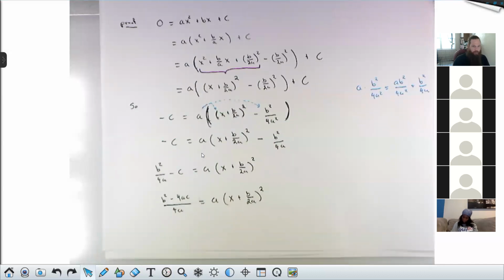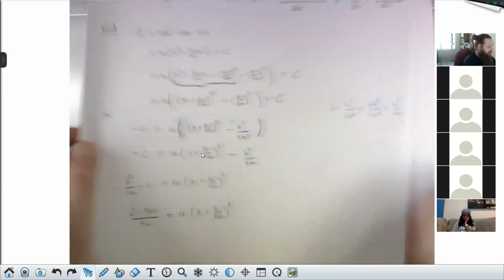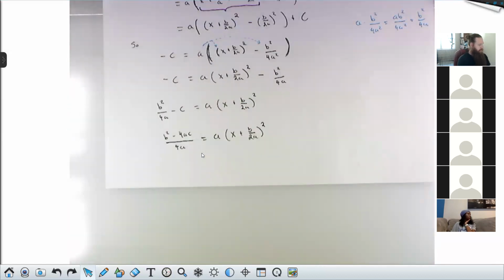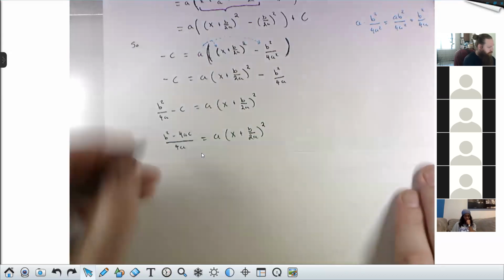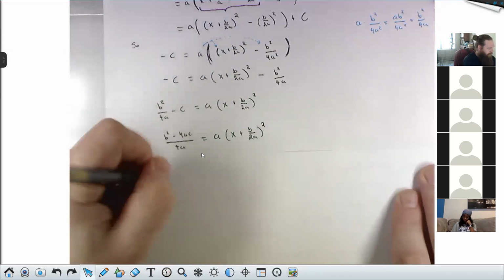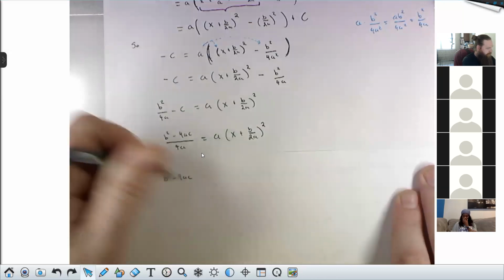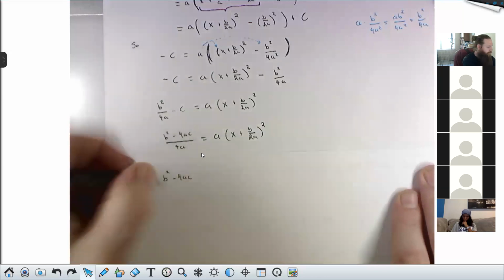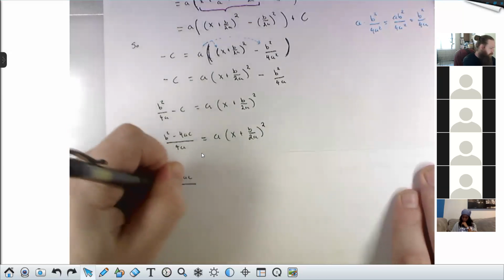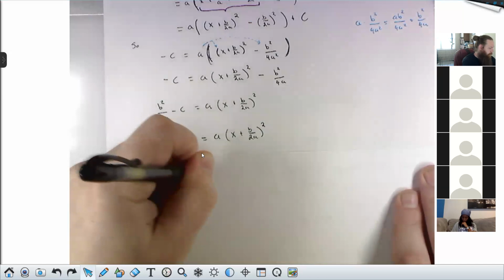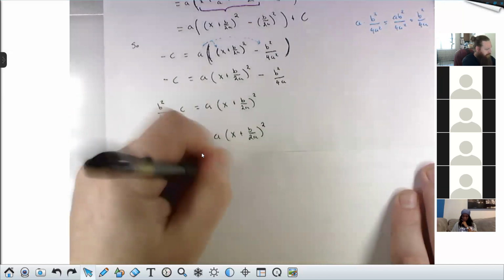Cool. We're almost done. My next step is going to be to divide both sides by a, and then I'll take square roots. So when I divide both sides by a, that's multiplying both sides by 1 over a. I get b squared minus 4ac, this familiar looking piece, over 4a, and I want to divide both sides by a, so I'm going to multiply by 1 over a.